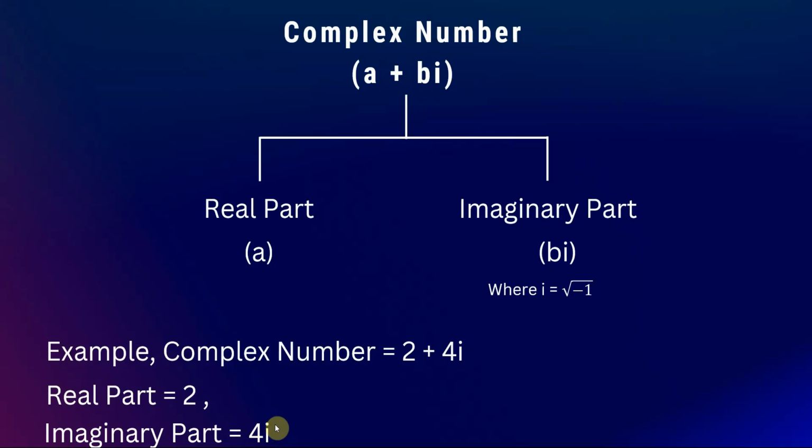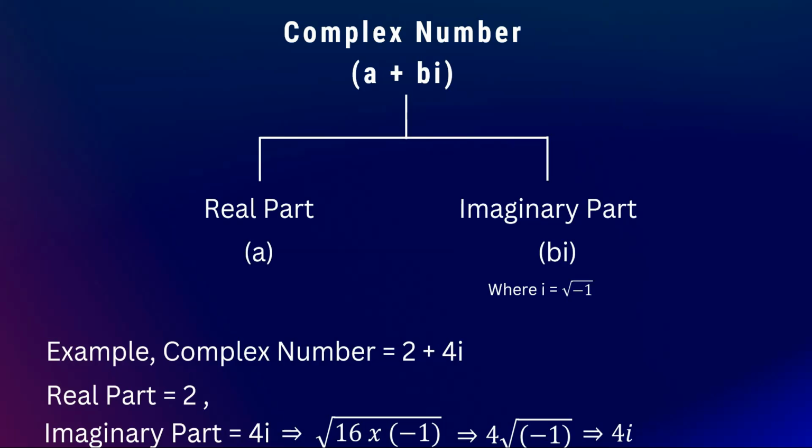First we'll write the square root of -16 as the square root of 16 into -1. Now the square root of 16 is nothing but 4, which will come out of the square root, and we'll have -1 inside the square root. And this square root of -1 whole term is considered as i, or can be represented by i.